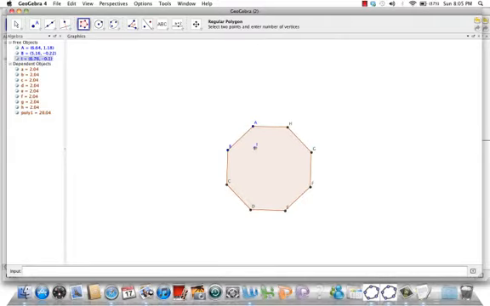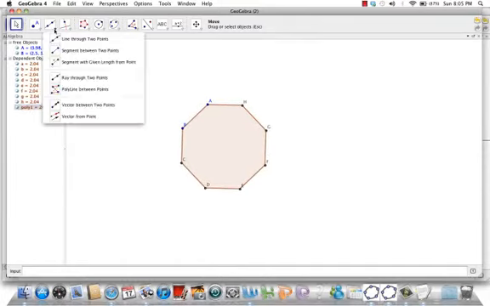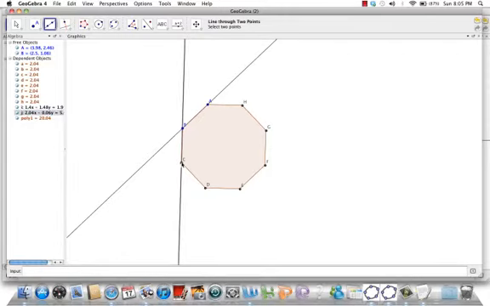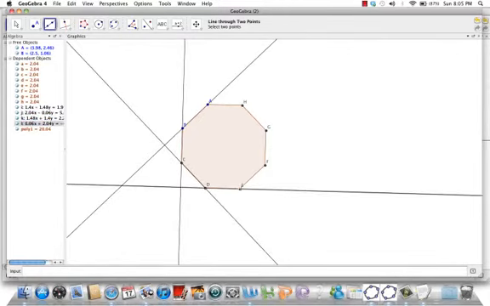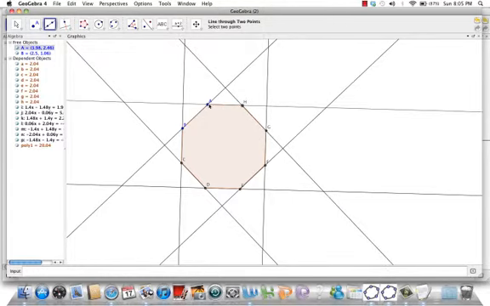So we have this one. I don't need this point right here, so let me just get rid of this. I do need to move this figure. And then again, we set up our exterior angles. So we have A to B, B to C, C to D, D to E, E to F, F to G, G to H, and then H to A.